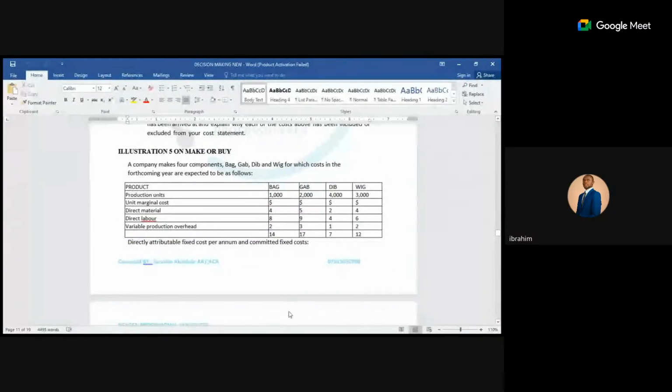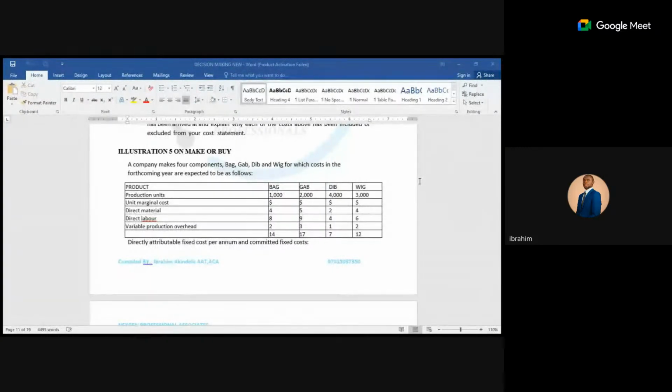That is the make or buy decision. You can make it internally, or you outsource it. Now, you need to compare the costs of making that product internally and buying it outside.